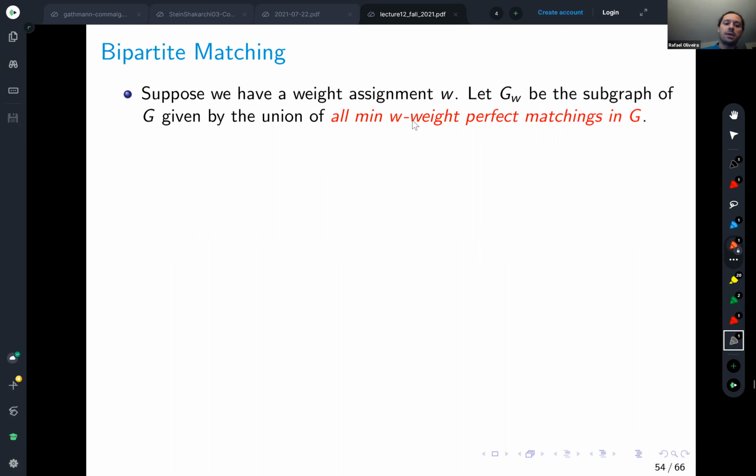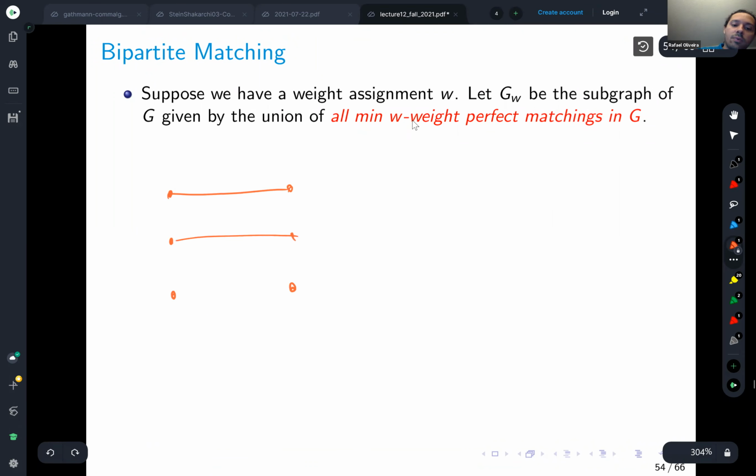So what I'm doing here is, I should have an example for this. Let me see if I can do an example here. Suppose that this is a weight assignment, and I have weights 1, 1, 1, and then another set of weights 1, 1, 1, right?